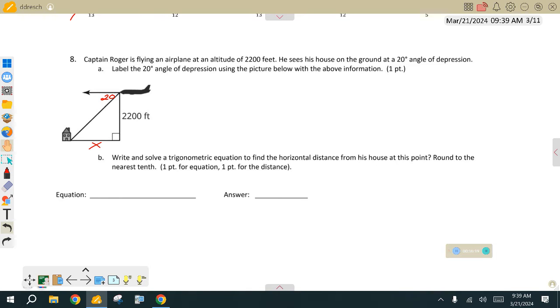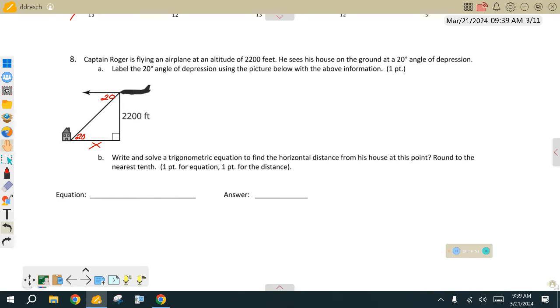All right. I myself, we talked about this, like to bring in that 20 back into this as an angle of elevation from somebody at the door. From the house's perspective, looking up to the plane. That is an angle of elevation, so I always bring that in. I like it inside my picture. But now set it up. What do we got?